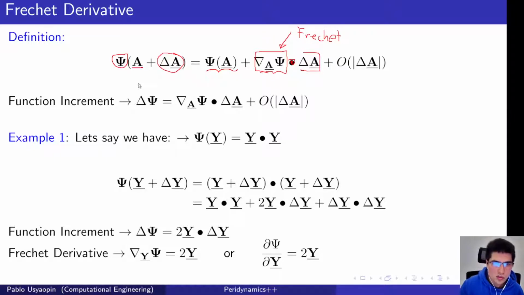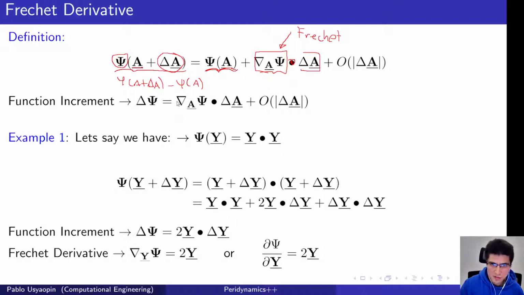Now, if you want to measure how much the function changed when adding this parameter, then you simply subtract this term here from this other, right? So you have phi of A plus delta A, minus phi of A, which will give you the function increment.